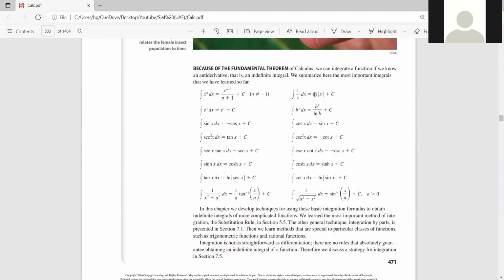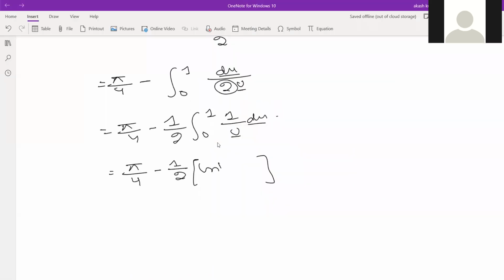So it will be ln x plus c, and in our case ln u plus c. Let's not write c here. So it is from 0 to 1: pi by 4 minus half of ln of the upper limit 1 minus ln of the lower limit 0.